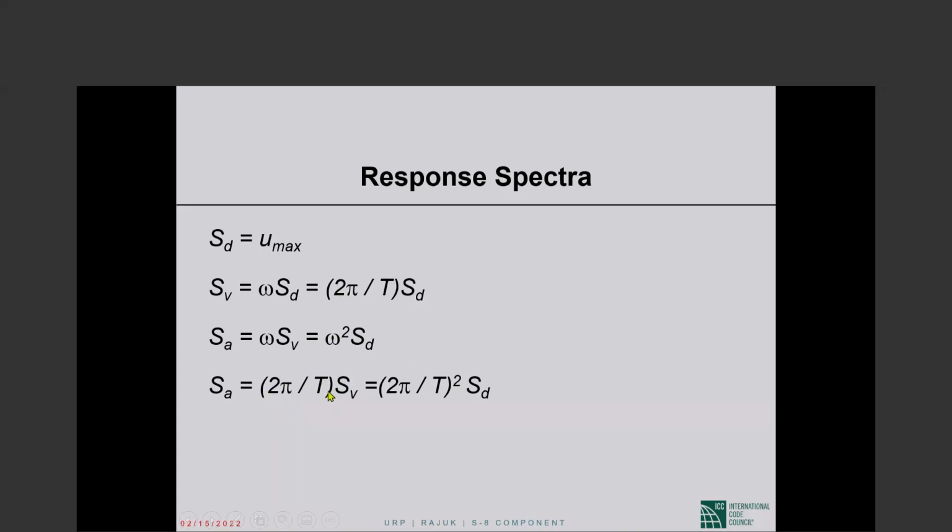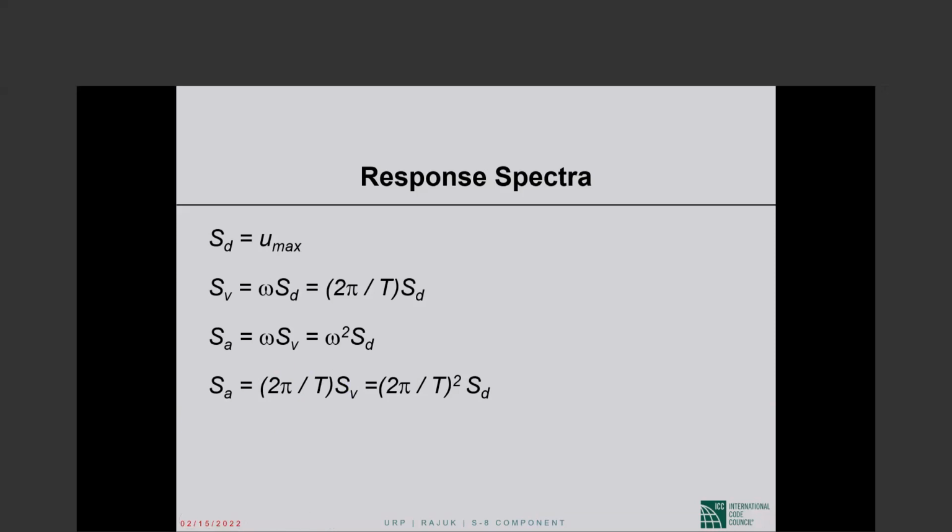It turns out that this quantity is very close to the acceleration of the single degree of freedom systems, but not quite the same. So we call this a spectral pseudo acceleration. Again, the term pseudo is more often than not dropped. We just say spectral acceleration, but we always mean this S sub a, as you see on the screen.